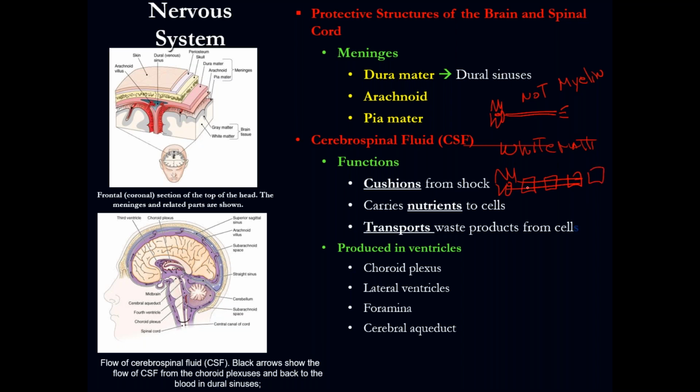So now I want you to remember this. What is giving you the white color of the white matter? The myelin. These myelin cells are what is giving the color of the white matter. The myelin.